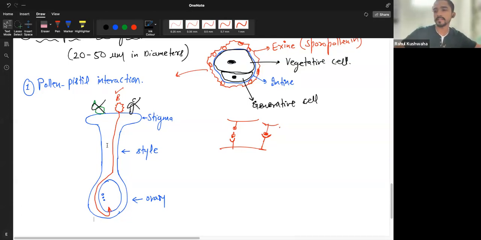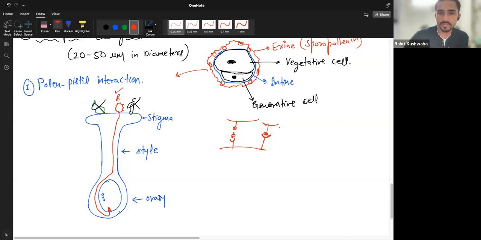Now, just before this happens, there is something that happens to pollen. We'll come to what happens in pollen tubes, but first something that happens to pollen. The generative cell, which is the smaller cell, starts dividing, just before pollen grains are shed from the plant.